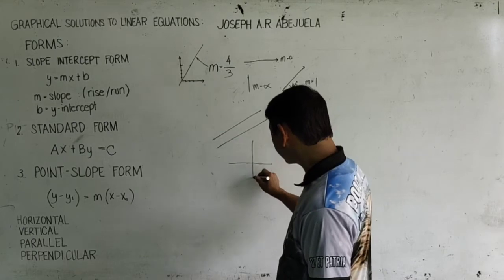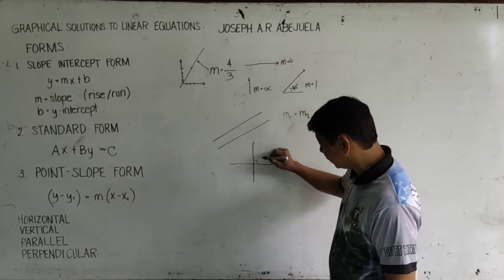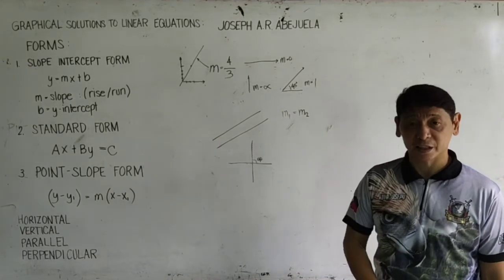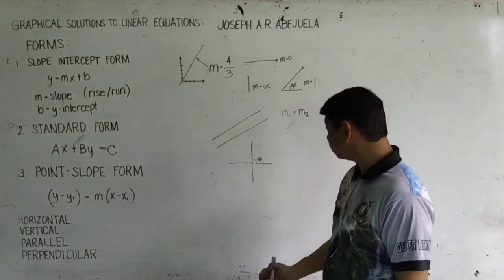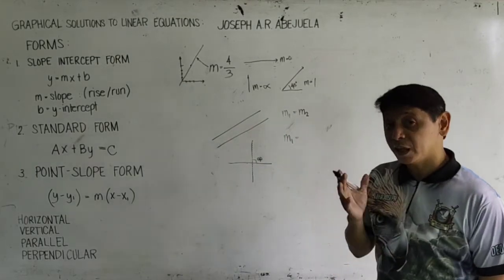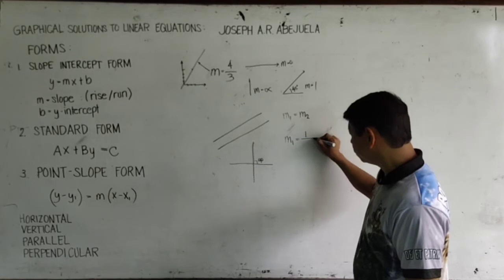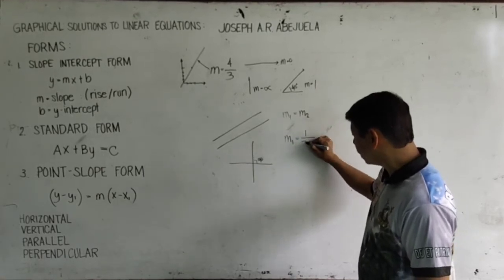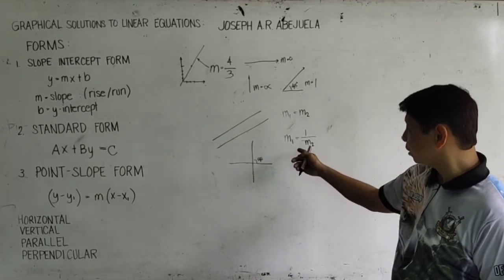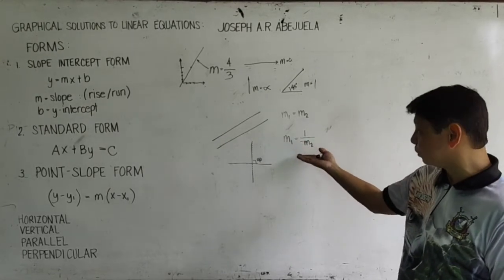For perpendicular lines, these are lines that intersect, forming an angle of 90 degrees. In regards to their slope, the slope of the first line is equal to the negative reciprocal of the other line, so m1 equals 1 over negative m2. These are the slopes of perpendicular lines.